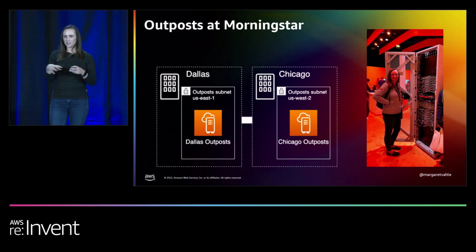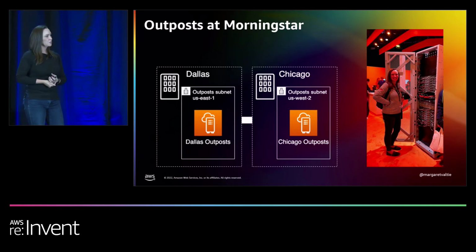Our data centers are networked together, and we have Direct Connects between Dallas or Chicago and AWS. So we got all the networking set up and installed. I think the first one was delivered late winter, spring 2020, and then we got Chicago by June 2020.